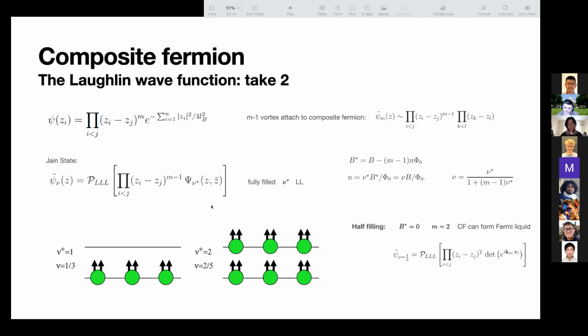But notice that this wave function is actually not correct for that half-filled Landau level, because the magnetic field felt by the composite fermion is actually 0. So the composite fermions can form a Fermi liquid. So instead of this Jain state, we can write the nu equals half state like this guy, where this determinant is just the wave function of a Fermi liquid.